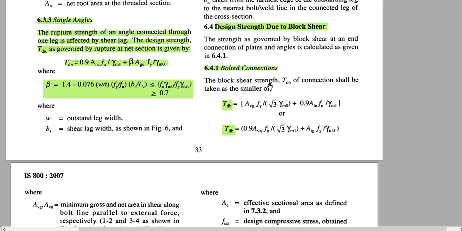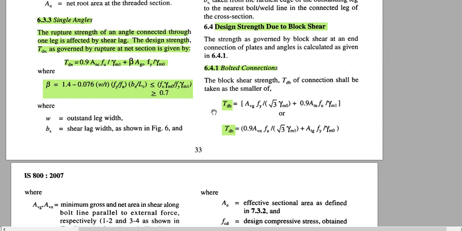In my previous lecture I have explained how to find out the block shear. There are two equations, as I have already explained. Block shear means a block will be tearing out. In the tearing out action, one plane will be subjected to shear force, and another plane perpendicular to the shear plane will be subjected to tension.